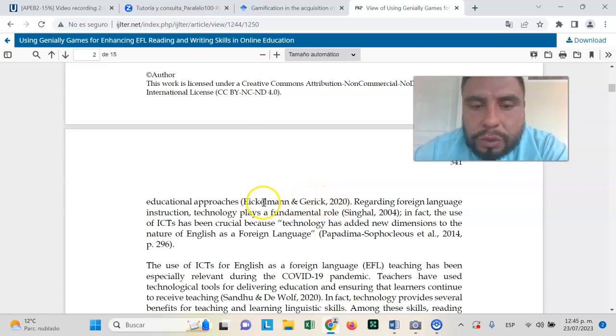So we have to add the last names of the authors inside of the parentheses, followed by the year. Okay, so this is a kind of in-text citation that is known as parenthetical citation.